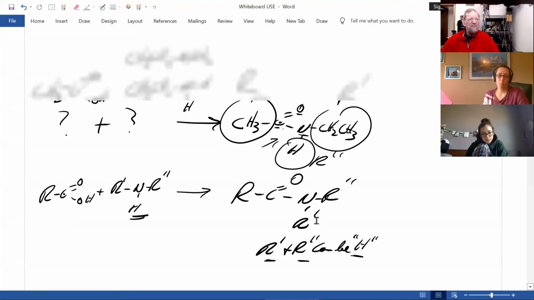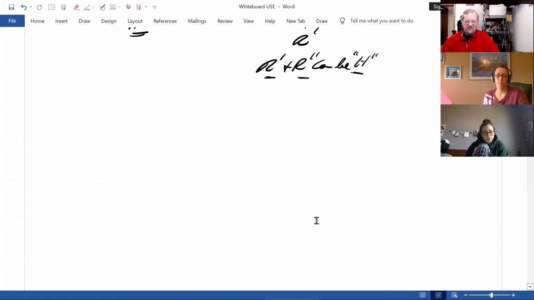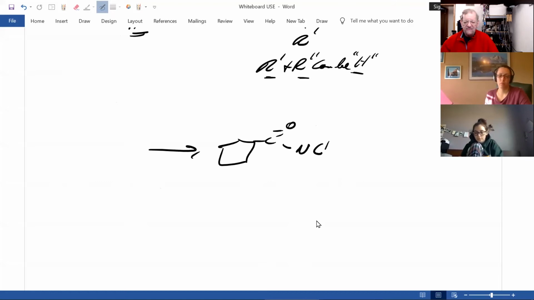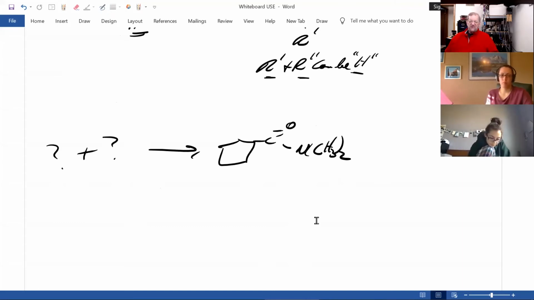Oh, let's do one more. I love doing synthesis. Your turn. What would be the two starting materials I'd have to react to make that molecule?